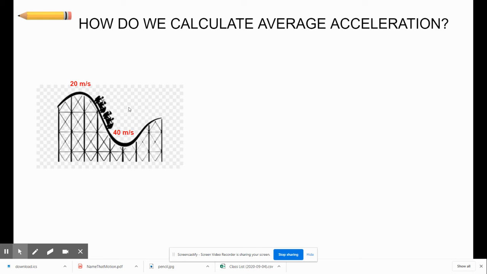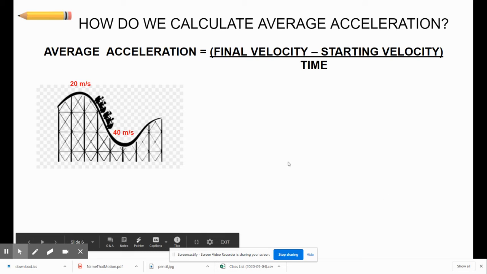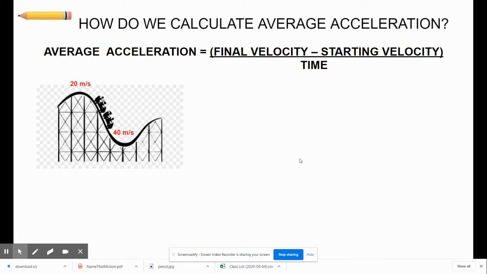Well, I want to know then. I see that that's a change in speed, right? It sped up. So that tells me that it was accelerating. And I want to know what the average acceleration was as it went from here to here. So here's the formula that we use, all right? To find the average acceleration of an object, we take its final velocity.